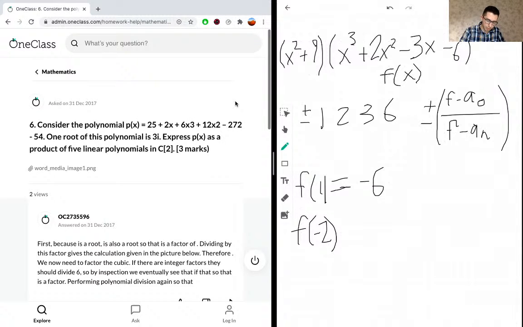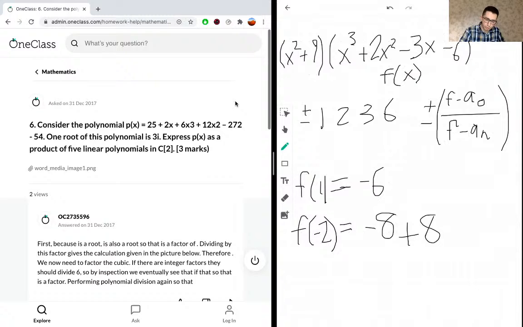So if we substitute in -2, -2 cubed is just -8. Then 2 times -2 squared: -2 squared is +4, times 2 gives us +8. Whenever we cube a negative number, we get a negative number, but if we square a negative number, we get a positive number.